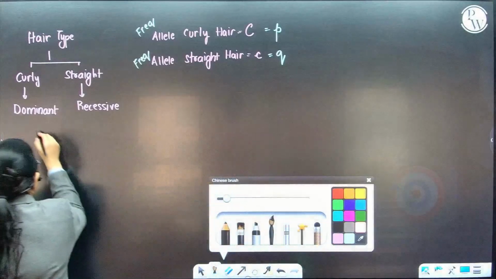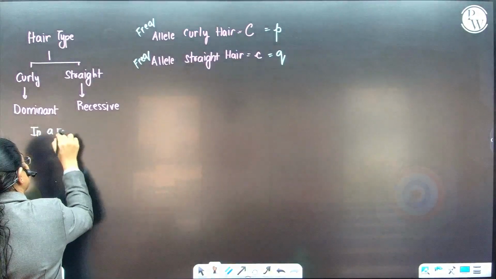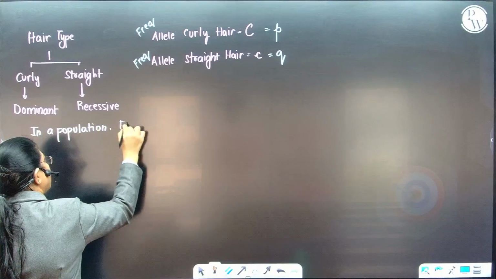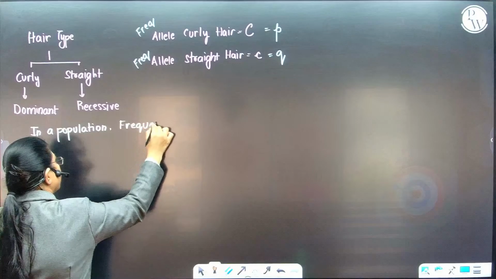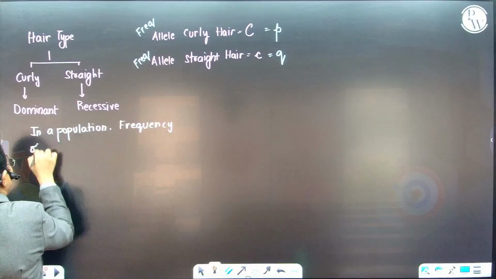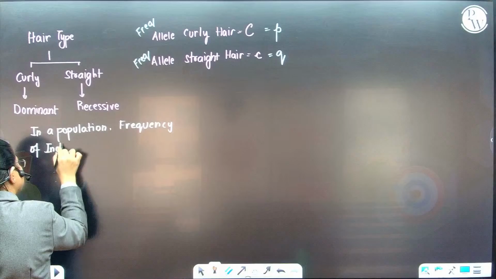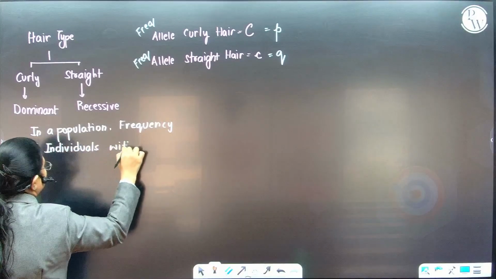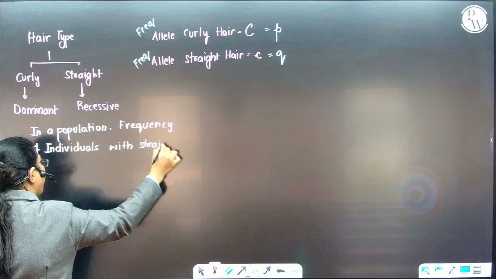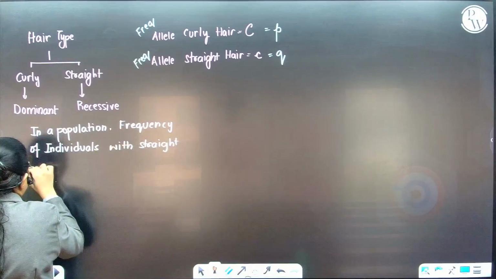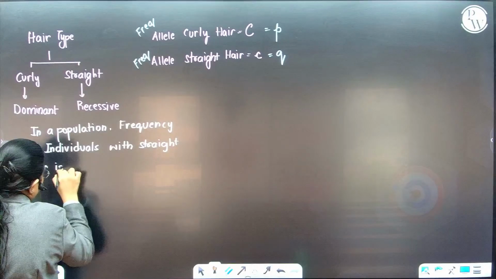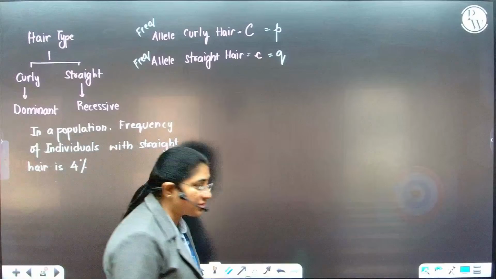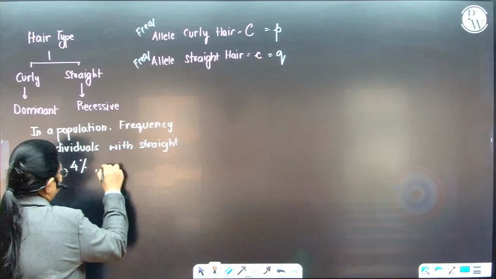In a population, the frequency of individuals with straight hair is 4%.